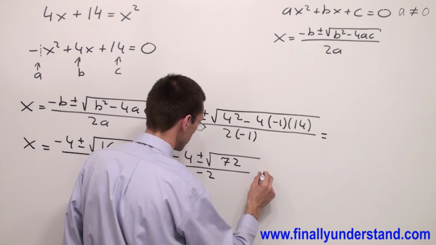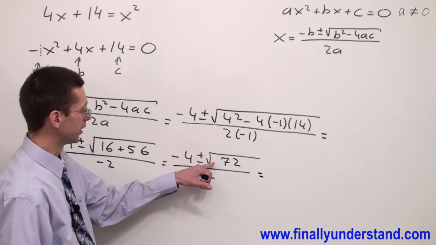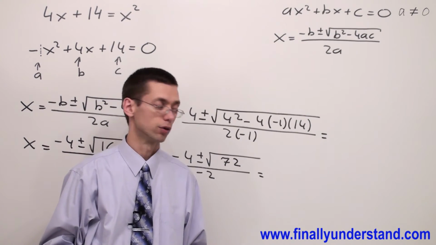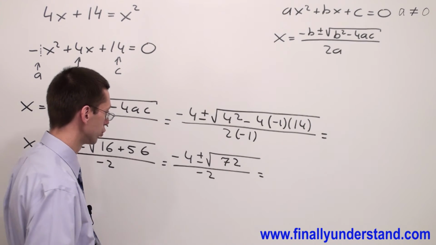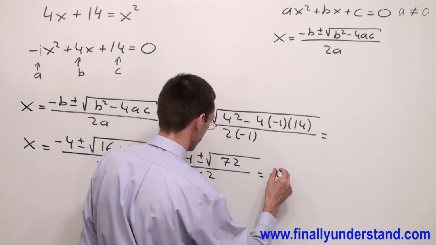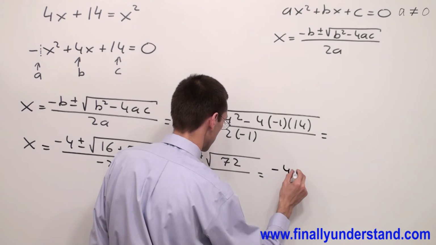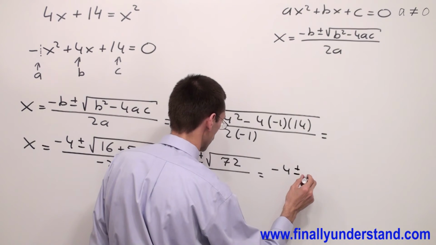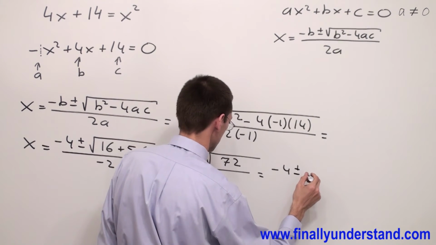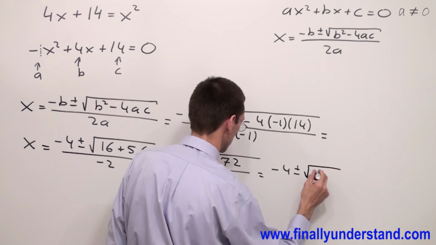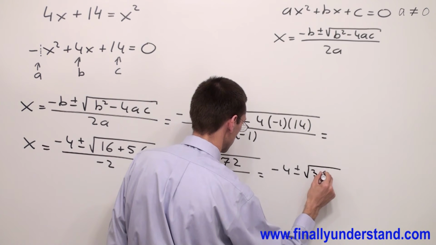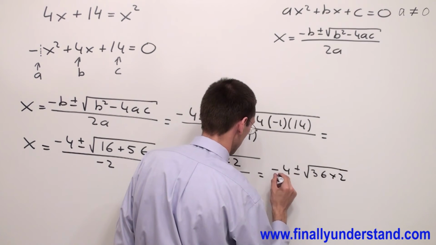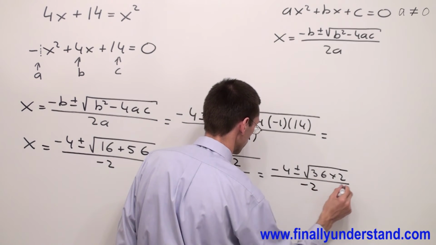Okay, so please notice that the discriminant is greater than 0. It means that I'm going to have two solutions. You can rewrite this as negative 4 plus minus, and I can write that this is square root of 36 times 2 over negative 2.